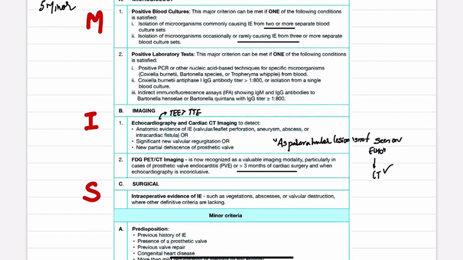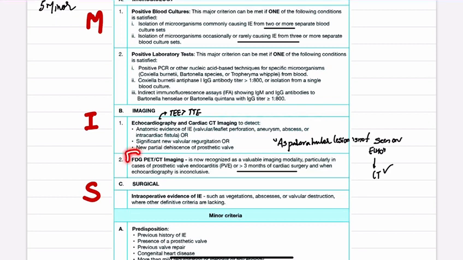For the imaging, the preferred is transesophageal echo, TEE. And there is also cardiac CT. In cardiac CT, the paravalvular lesions around the valve wall are not seen in echo. That's why these guidelines included CT scan.